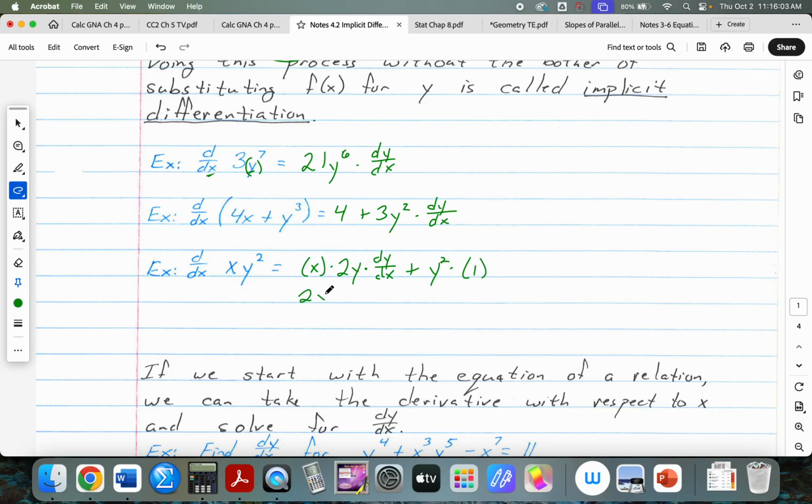And then we'll usually take the time to rewrite that as 2xy dy dx plus y squared.